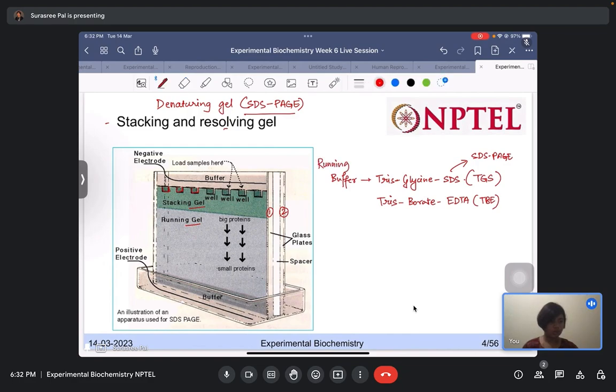This is the composition of the running buffer, and this TBE buffer is used for native PAGE. Native means where no denaturing conditions are used.